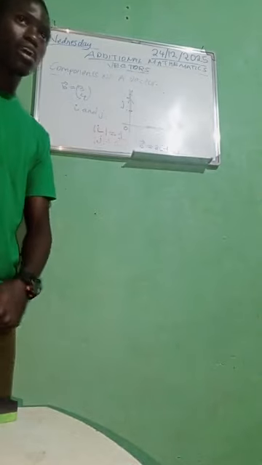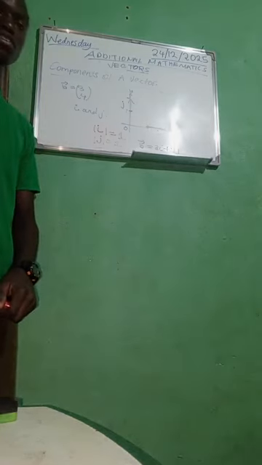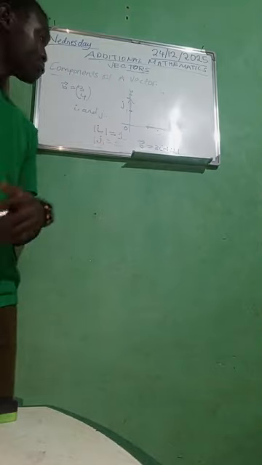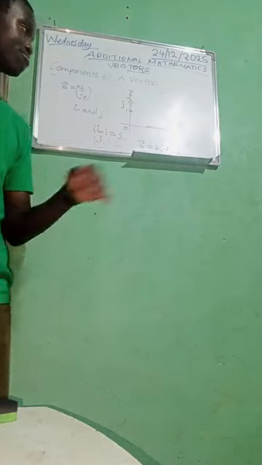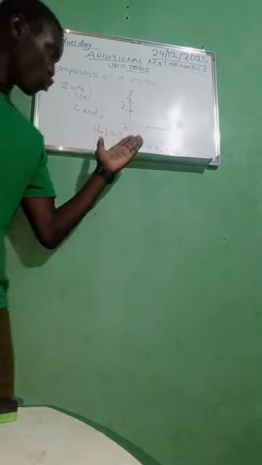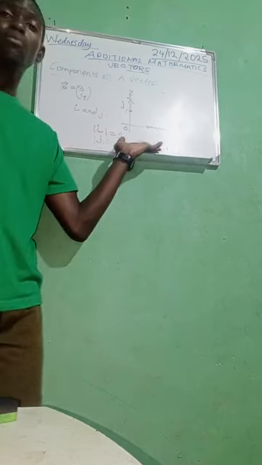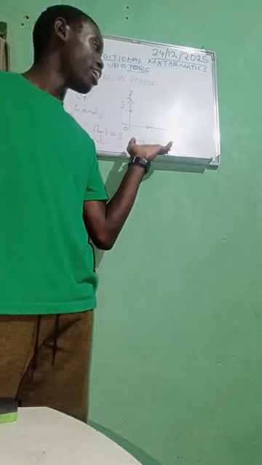So as we move into additional mathematics, of course we are going to be representing vectors using the normal way, which is the column vector, and there are other ways of representing a vector, but we are also going to be representing them using the letter I and the letter J. So that is the components of a vector.